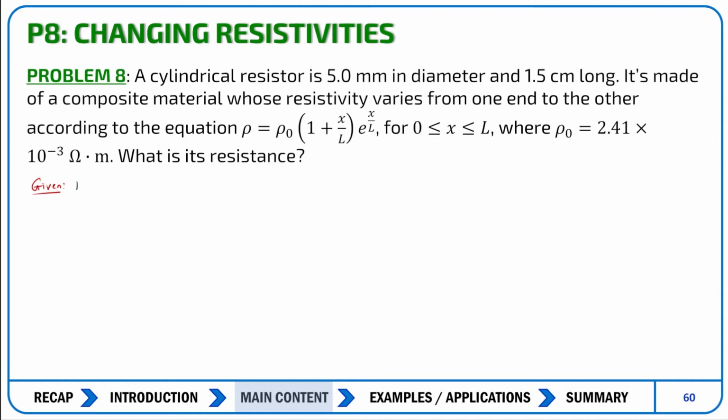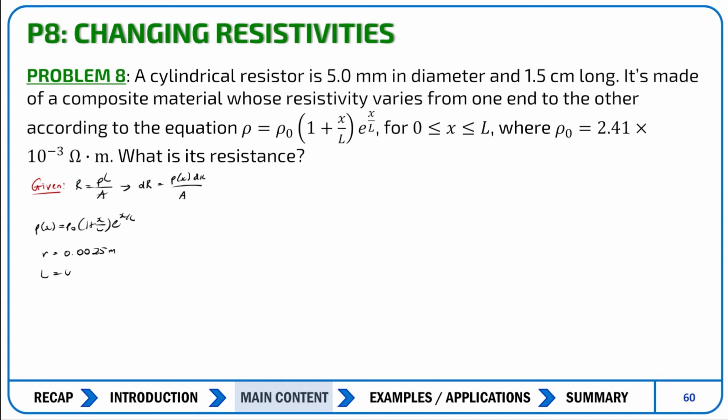So we know that R is equal to rho L over A, but if we're looking at the total resistance and it's not defined by a uniform resistivity, we have dR equal to rho of x dx divided by A. Now we know rho of x is already given to us as rho naught times (1 plus x over L) times e to the x over L, from 0 to L. We know r is equal to 0.0025 meters.